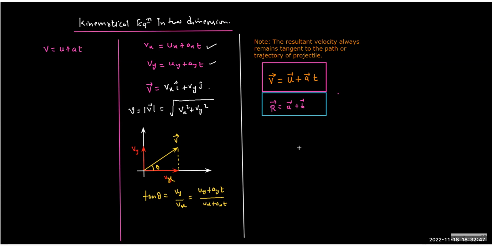Yes or no? Yes, sir. And now you start to ride. When you meet your friend in between while you're riding, that friend is a new observer, and what he or she will see is that you're not at rest, you're moving with some speed. So for that friend, the initial speed will be different. Yes or no? Yes.